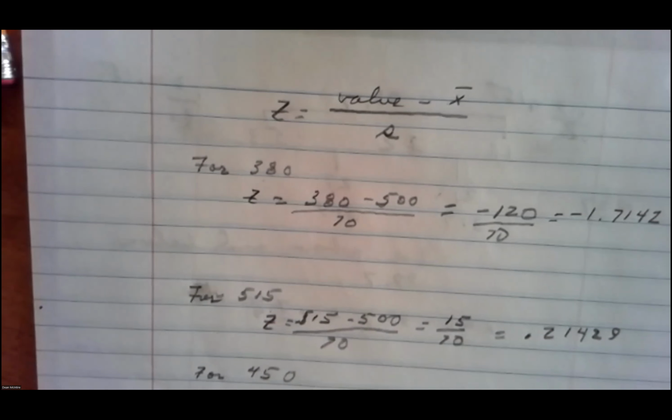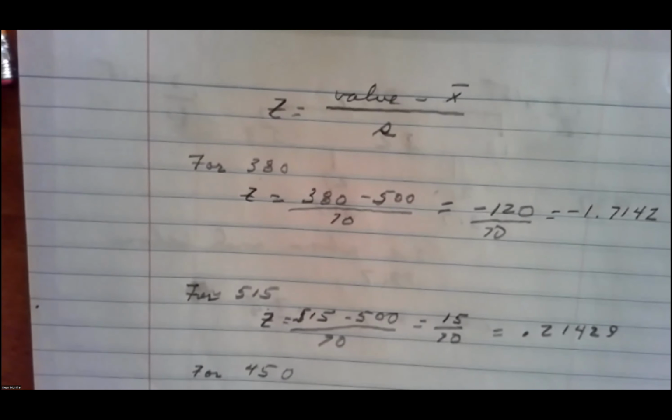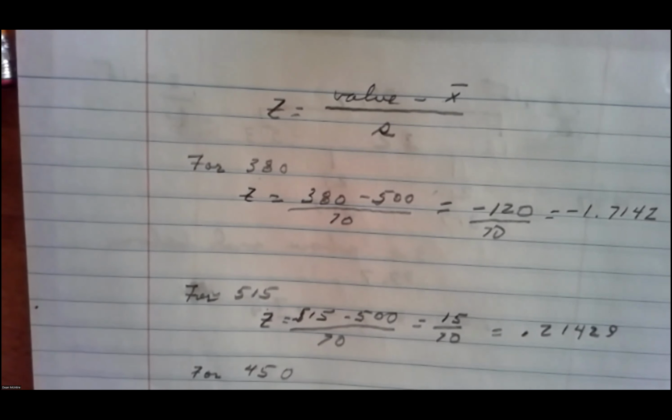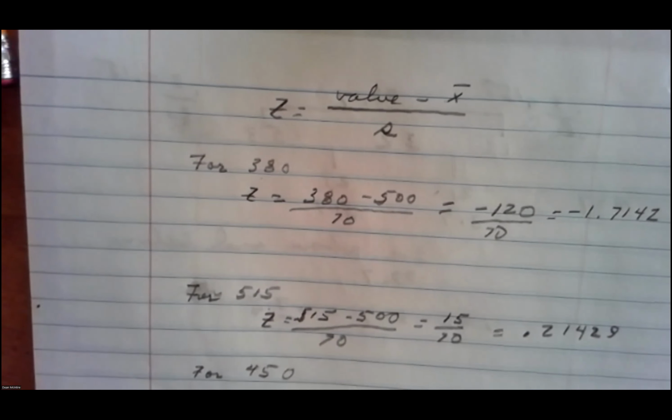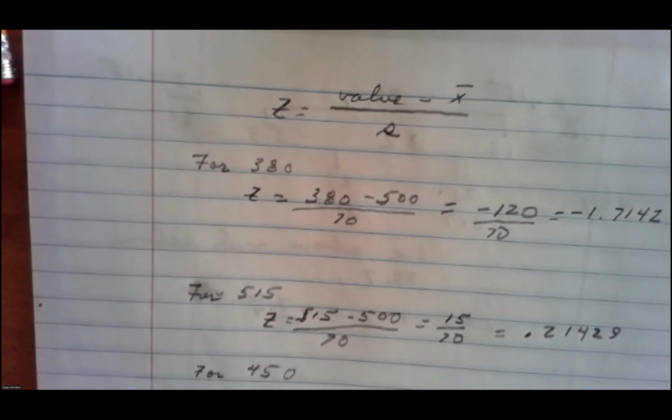Okay, and for 450, Z is equal to 450 minus 500 divided by 70, which is equal to negative 50 divided by 70.